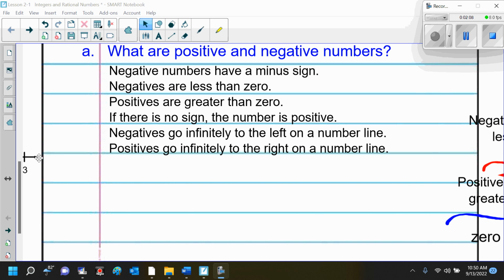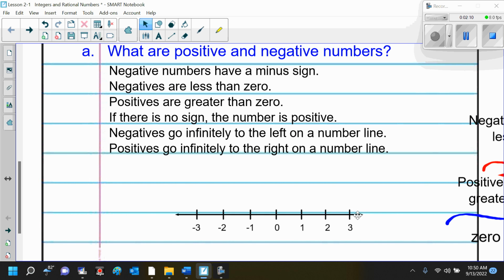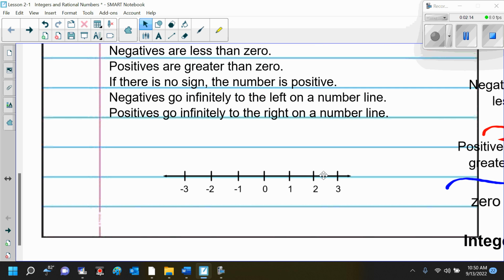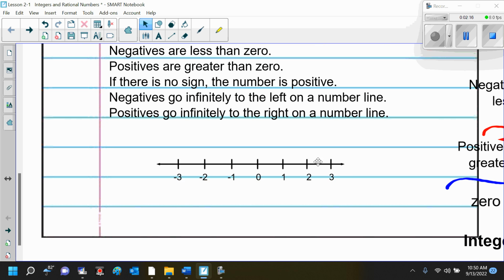Okay, so here we've got a number line. And on that number line, we've got some negatives on the left, we've got some positives on the right, and we've got 0 right there in the middle, okay?